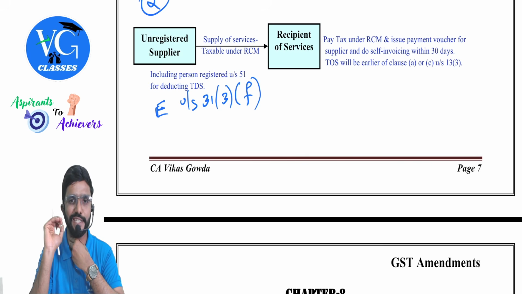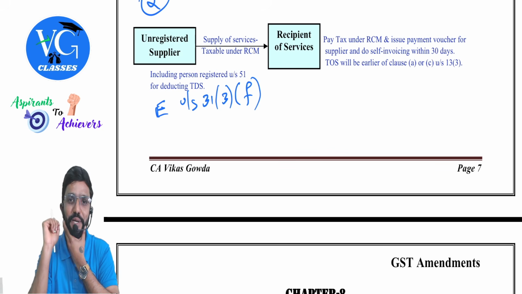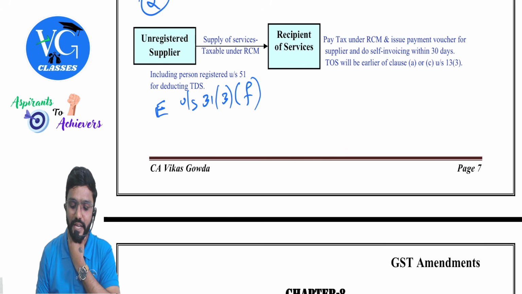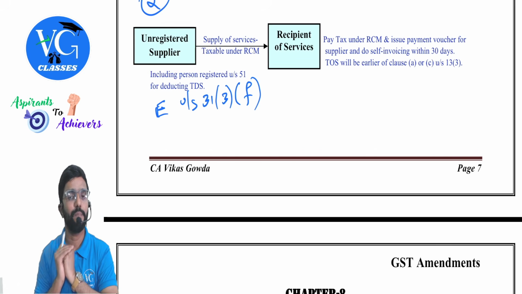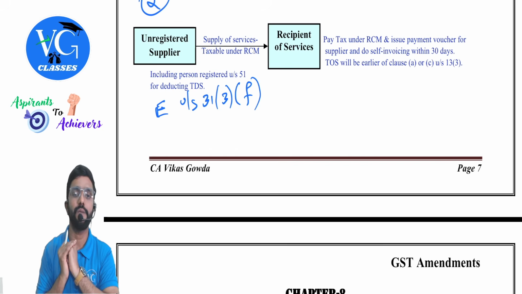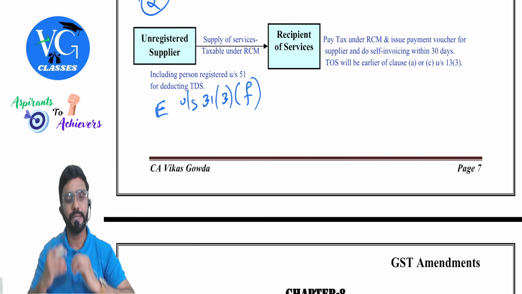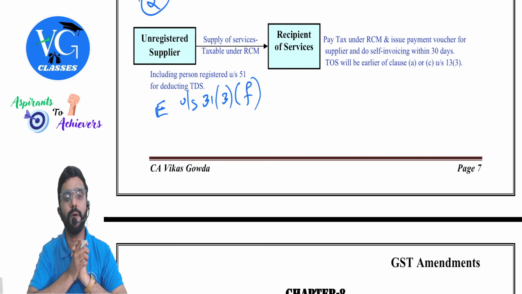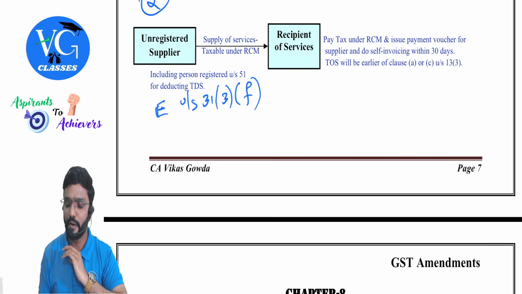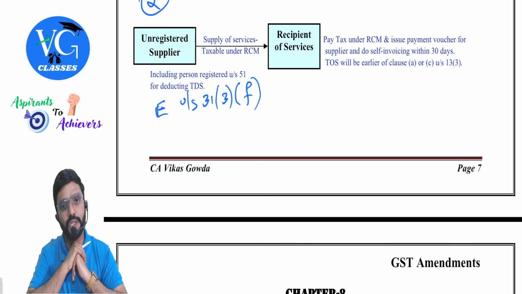Actually, they are registered under GST because whenever a person is supposed to deduct TDS, they are mandatorily supposed to get registered. But here they are telling if supplier is registered under GST only to deduct TDS, but is not making any taxable outward supply, even in that case, recipient, if RCM is applicable, has to do self-invoicing. And the time of supply would be earlier of clause A or clause C under section 13 subsection 3.